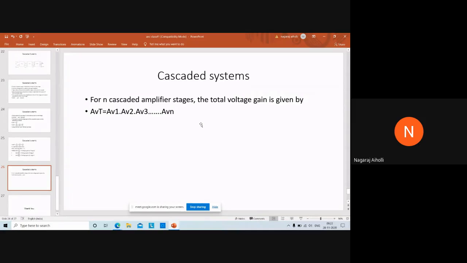Janvi, understood this multi-stage amplifiers? Yes, sir. Fine. Kirti, Patil, Prajwal Gowda. Yes, sir. Understood, sir. Topics are clear? Yes, sir. Okay, right.